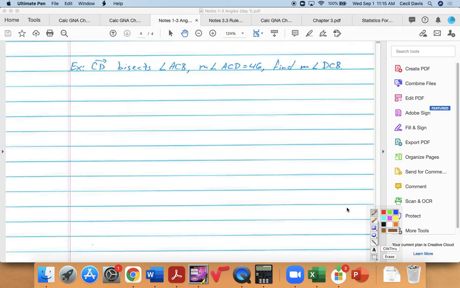Here it says ray CD bisects angle ACB. Tell you what, I'm going to give you a moment. Draw that. What should that look like?